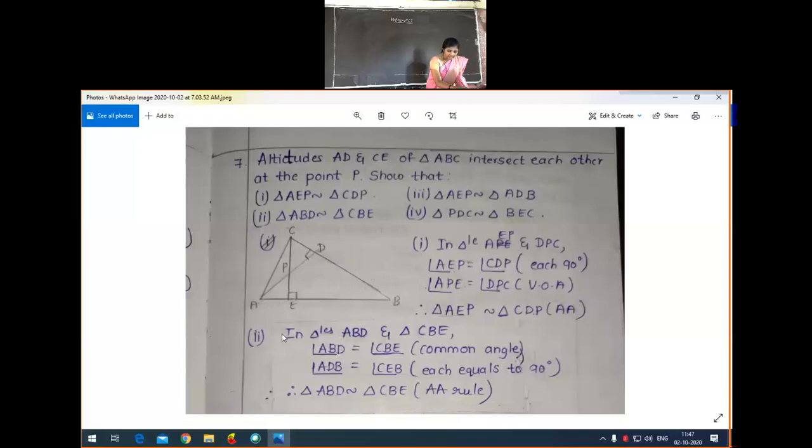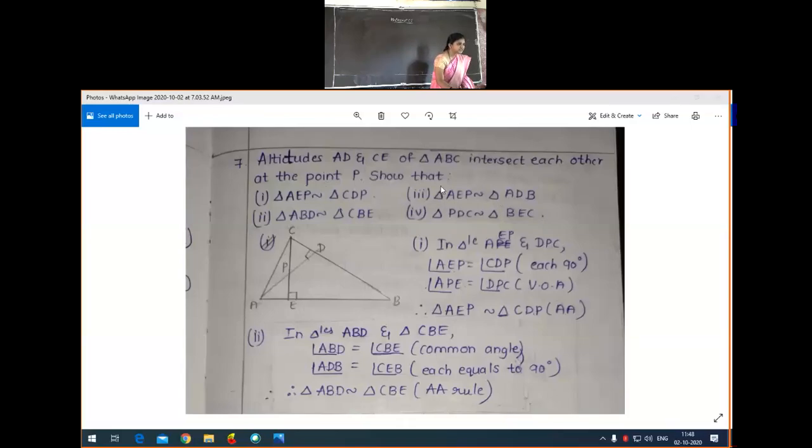Then fourth one, triangle PDC similar to triangle BEC. So here four problems, four parts we have to prove.